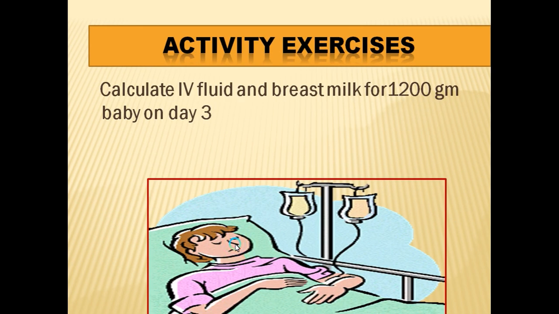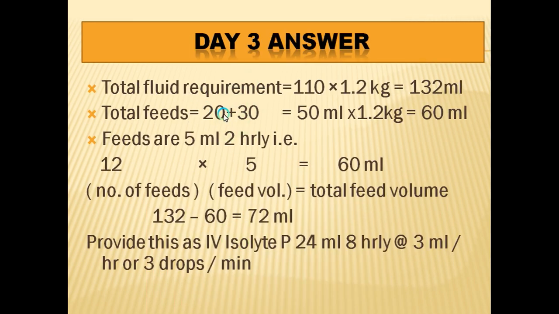Now let's say the baby is on day 3. Because the baby is tolerating well, we can have an increment of 20 to 30 ml. We started with 10 ml, then because the baby was tolerating we gave an increment of 20, and now the baby is tolerating, so we have scope for giving 20 to 30 ml per day.